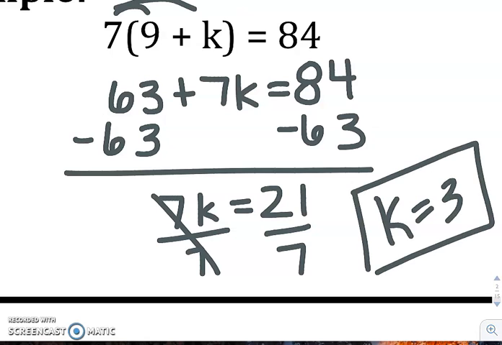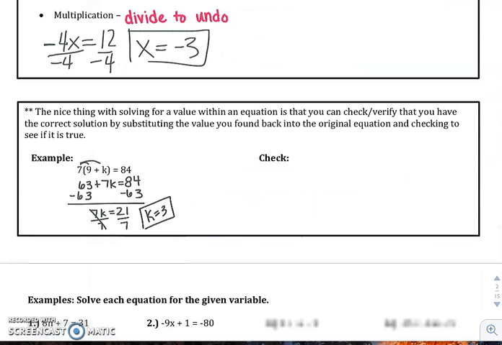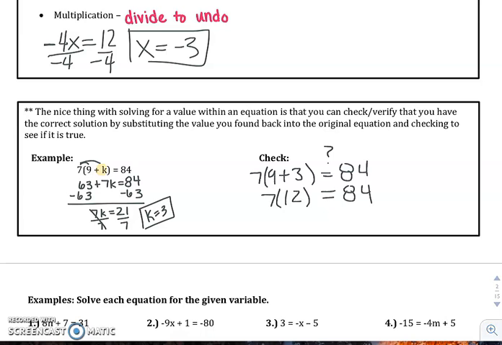The nice thing about this is that you can always check your answer. When you go to check it, what you're doing is substituting what you got in for your variable. So you would do 7 times 9 plus 3 and check, does it equal 84? 9 plus 3 is 12. 7 times 12 is 84.